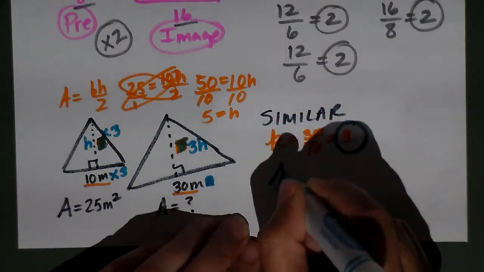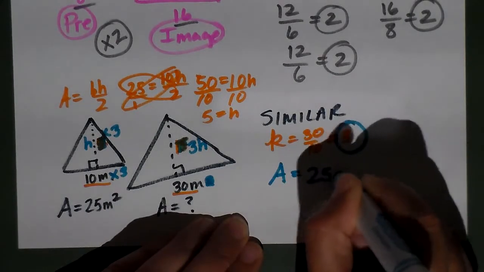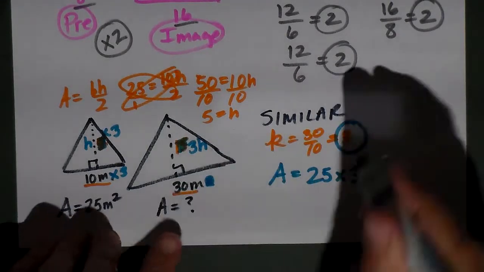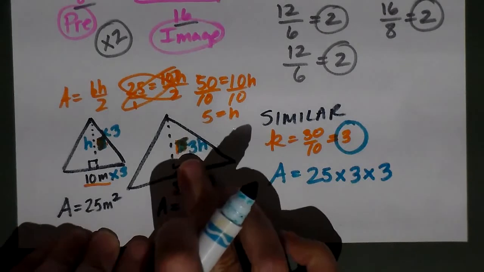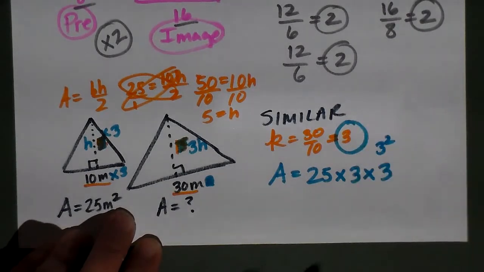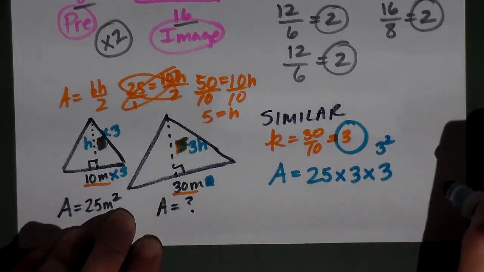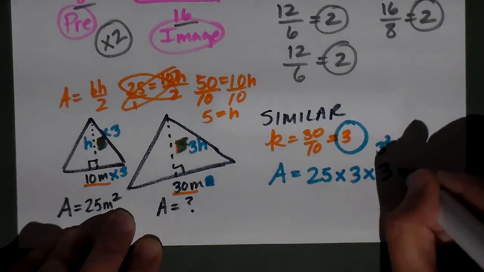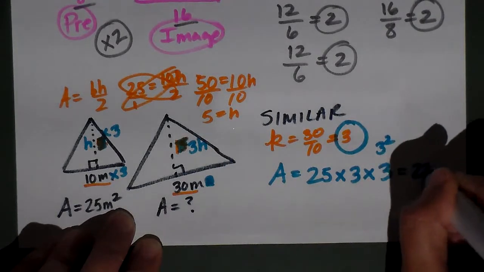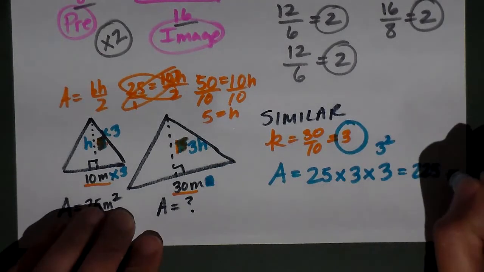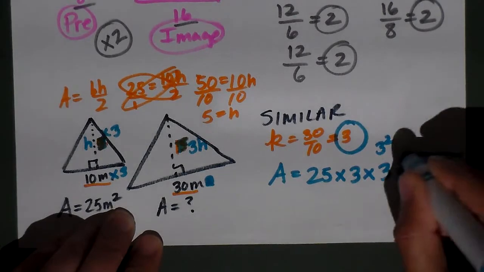So the area is going to be the original area times the 3 I multiplied by to change this side, times the 3 I multiplied by to change this side, which the formula writes as 3 squared. So I have 25 times 9, and that comes out to 225 meters squared.